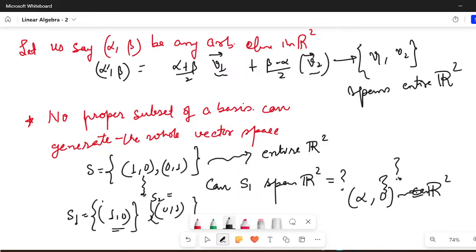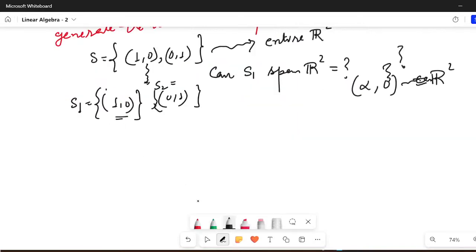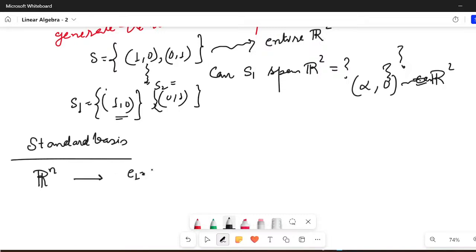Another thing that you should remember, this particular set, I actually stated it initially, is called a standard basis. So let's say I write it for Rn. E1 is equal to (1, 0, 0, ..., 0), E2 is equal to (0, 1, 0, ..., 0), En is equal to (0, 0, 0, ..., 1).